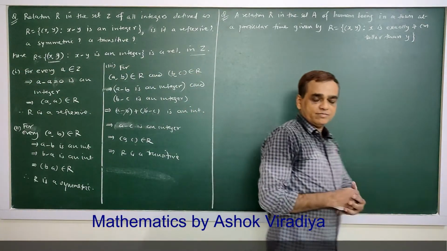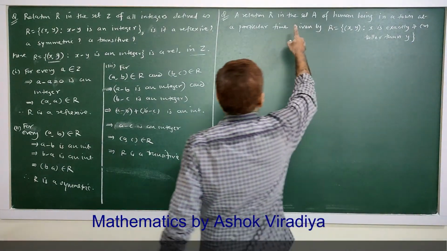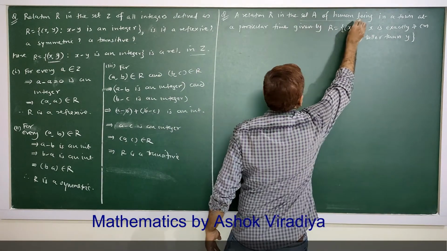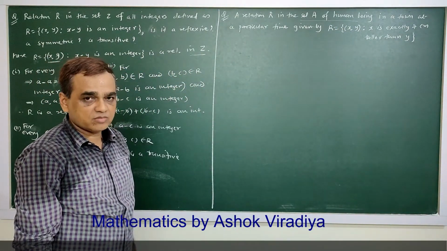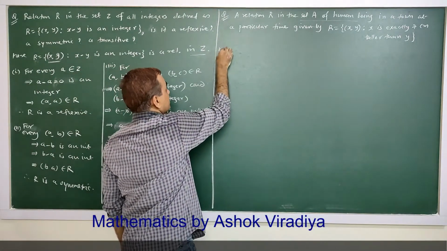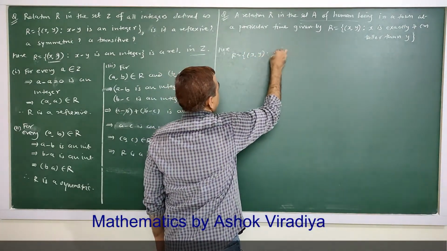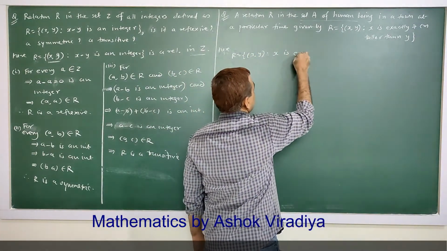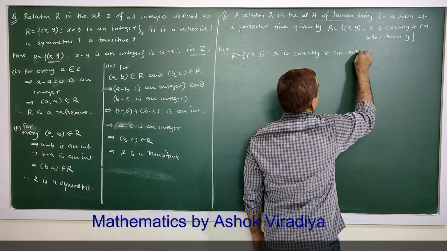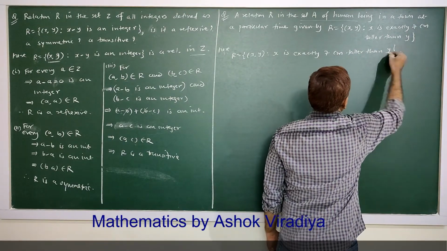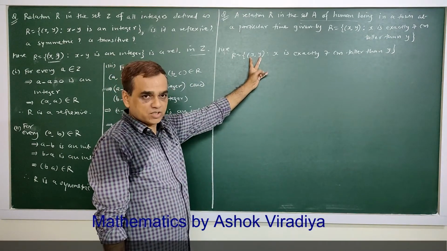Now in this question, A contains the human beings in a town, and R is a relation such that X is exactly 7 centimeter taller than Y. This is a pair of two persons.